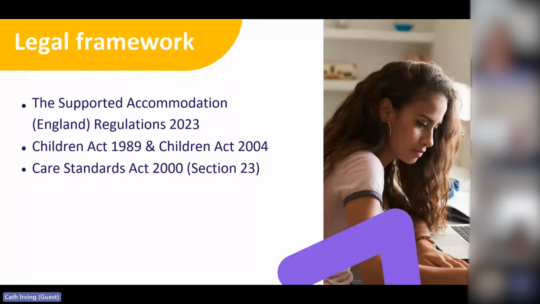They set out the different outcomes that providers must meet for young people in supported accommodation, and they allow for flexibility in how this is achieved, recognising that individual young people have different support needs and therefore require different degrees and forms of support. By complying with the quality standards, providers can demonstrate that they deliver high quality services that meet the needs of young people in supported accommodation.